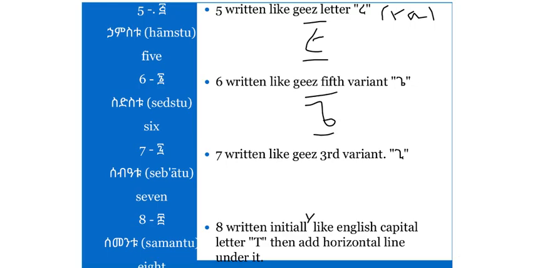Number 7 is written like the third variant of G. Eight is written initially like the English capital letter T, then adding a horizontal line at the bottom perpendicularly and adding the strokes, roof and ground.